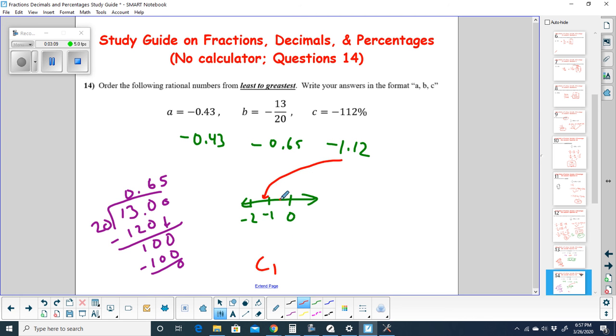Then if this is negative 0.5 right there, what's going to be to the left of that? Well, this one right here, negative 0.65. So B is the next largest. And then negative 0.43 is going to be over here to the right of negative 0.5. So A is the largest. So answer is C, then B, then A.